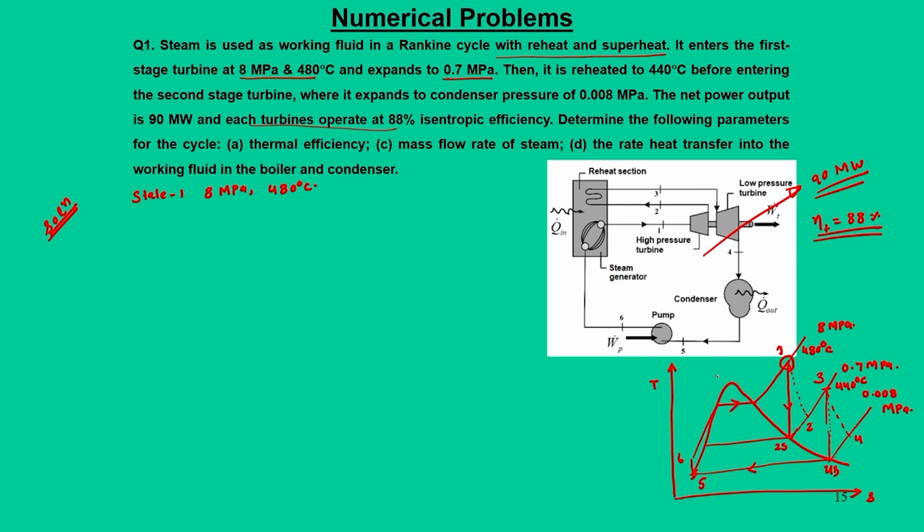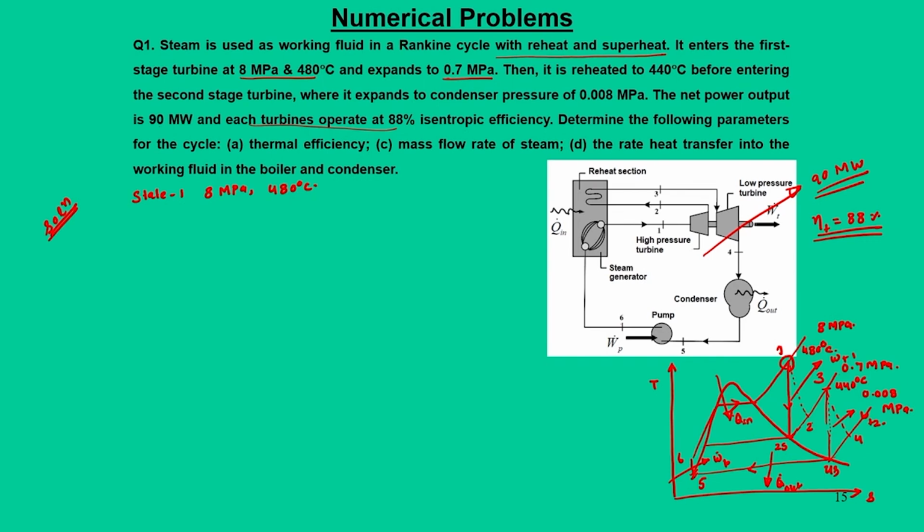So, this is the heat addition process Q dot in, this is the power recovery process W dot T1, W dot T2, the heat rejection process Q dot out, and this is W dot P. We have to individually calculate all these numbers.